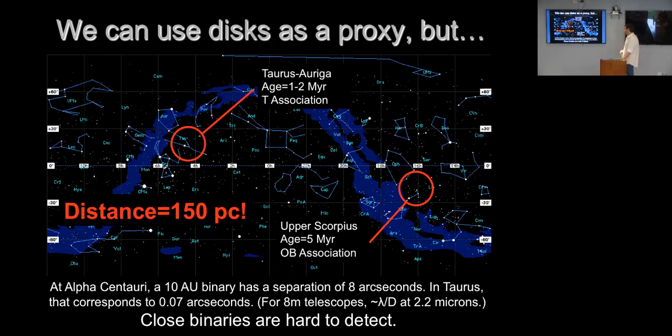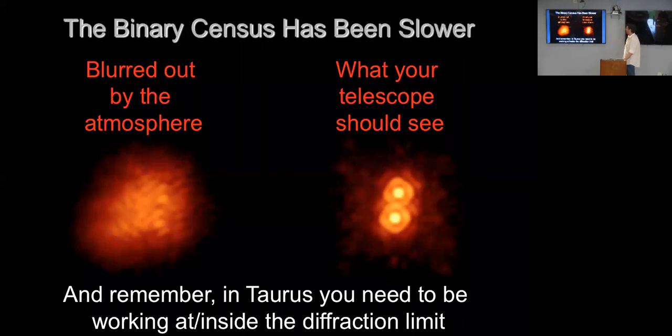I was listening earlier: binaries are easier to find than planets, but you do still have to struggle with this. Specifically, the binary census has been slow in these nearby star-forming regions because we need higher resolution to just see the binaries. This is basically a demonstration of what the atmosphere does. We're at an observatory, and I think we're all well aware of what the atmosphere does to our observations.